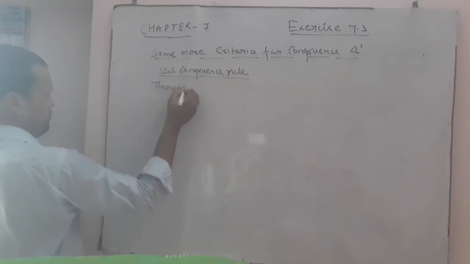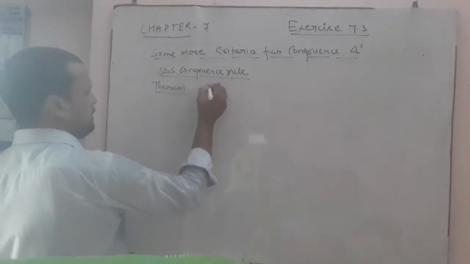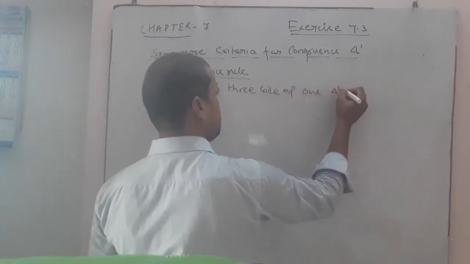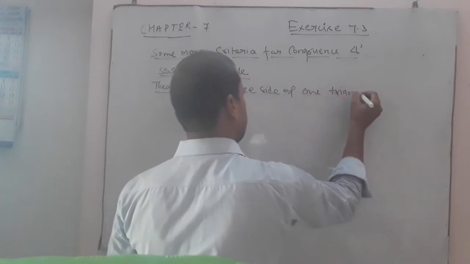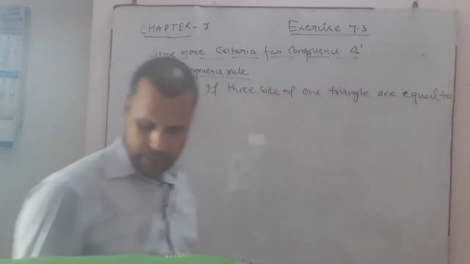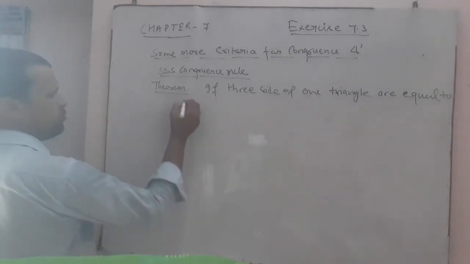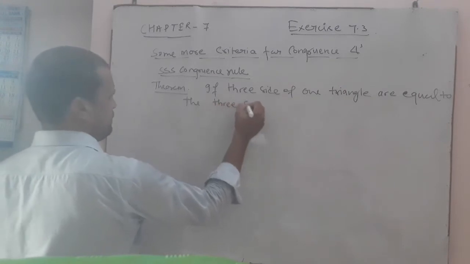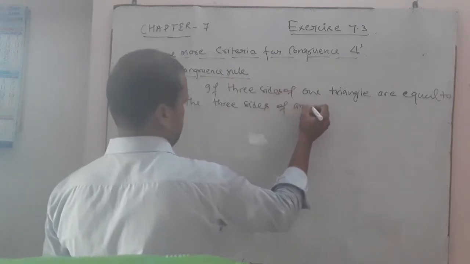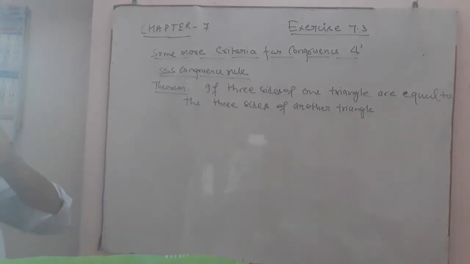Theorem: If three sides of one triangle are equal to three sides of another triangle, then the two triangles are congruent.